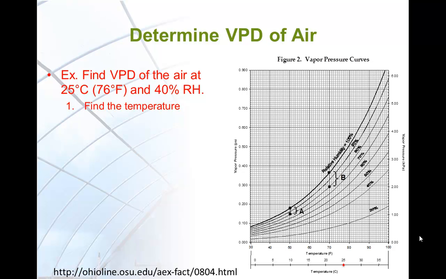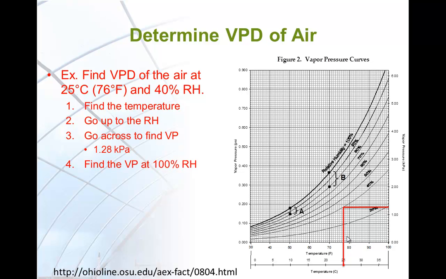It is 25 degrees, as shown in this red dot. Then we go up to the relative humidity, which is 40%. Then go across to determine the vapor pressure of the condition, 25 degrees C and 40% relative humidity. And we found that vapor pressure is 1.28 kilopascal.